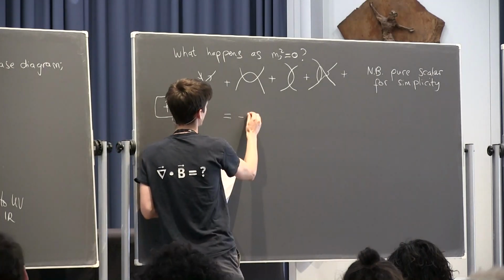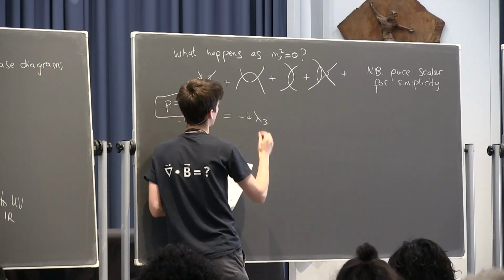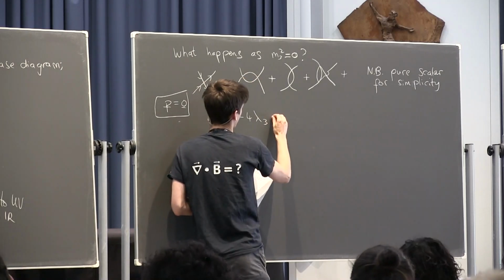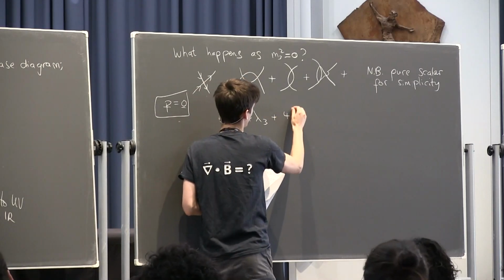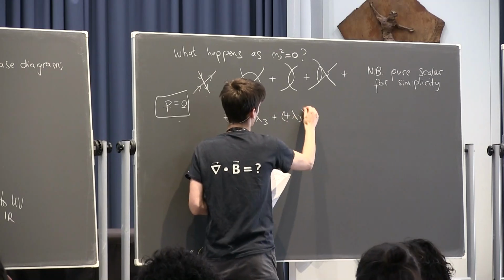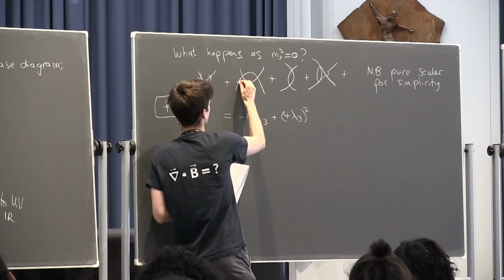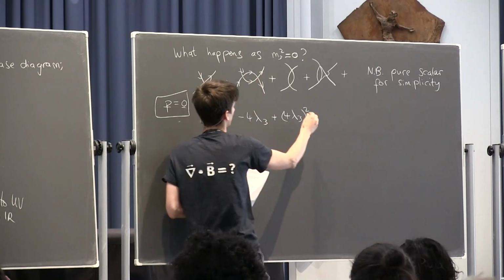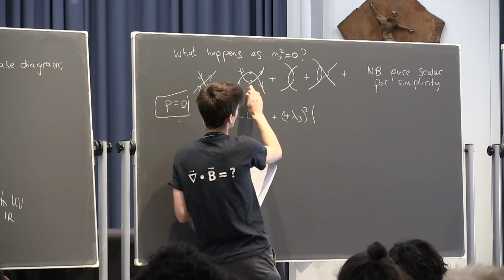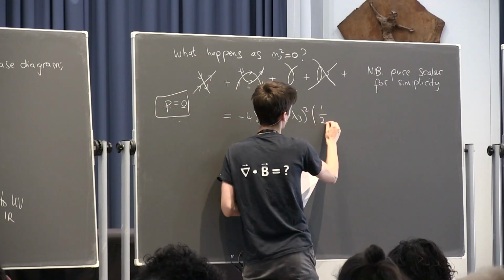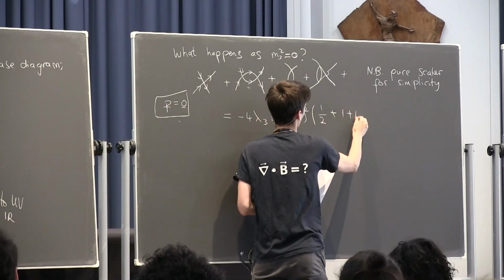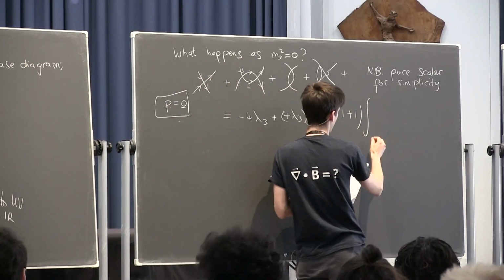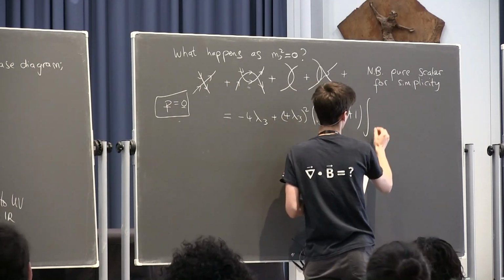This first one is minus 4 times lambda 3. For each of these vertices, we get 4 times lambda 3, so we get that squared. If I put the arrows in, you can see that this one has a symmetry factor half, and the other ones have symmetry factors 1. So that's the sum of those 3 diagrams. And then we get the same loop integral for each.